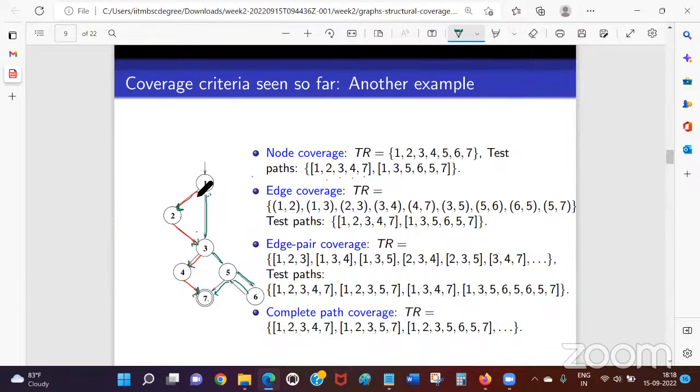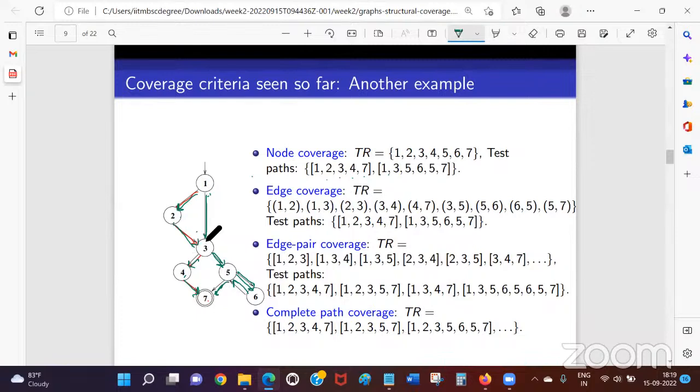So this is one path from the initial node to the end node, the termination node. And the other is 1, 3, then 3, 5, then 5, 6, 6, 5, then 5, 7. Right? So this covers all the nodes.